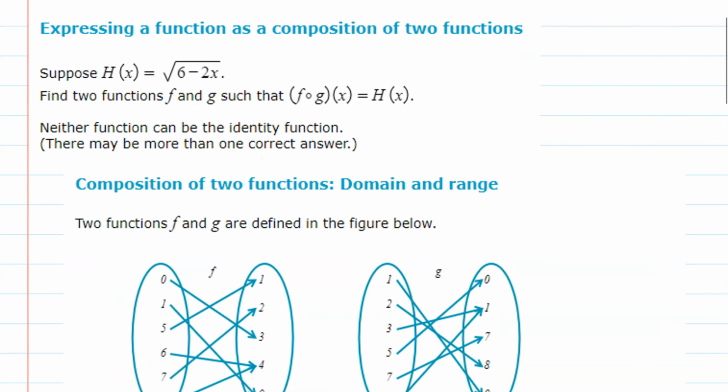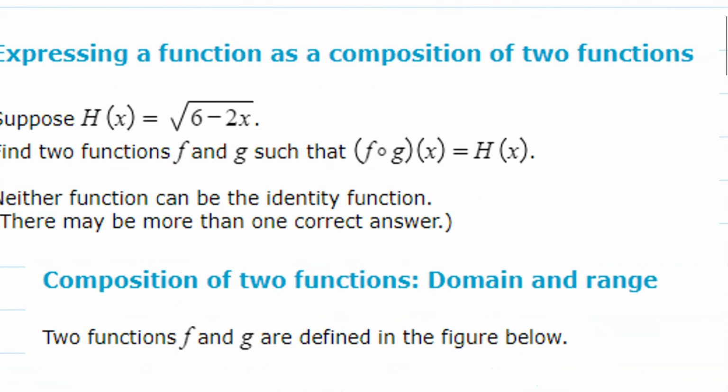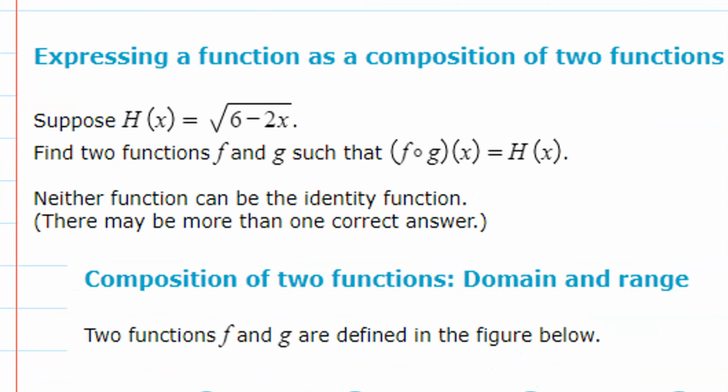So now let's just look at a function which is the result of a composition. So this function is taking the radical of 6 minus 2x. And I'm purposefully writing it like that because this is the easiest way. Now you see there may be more than one correct answer. That's true here.